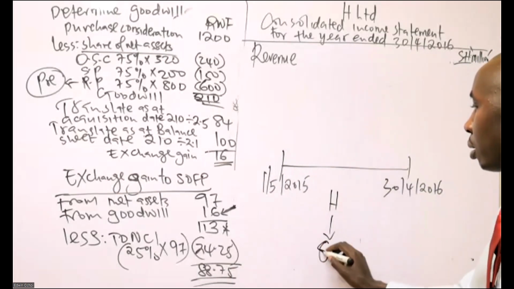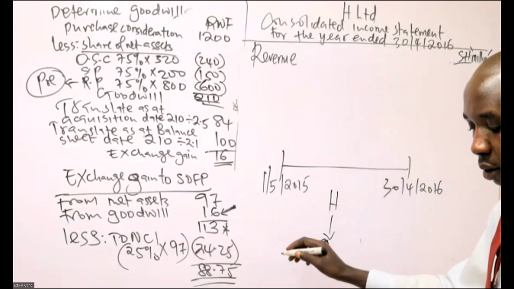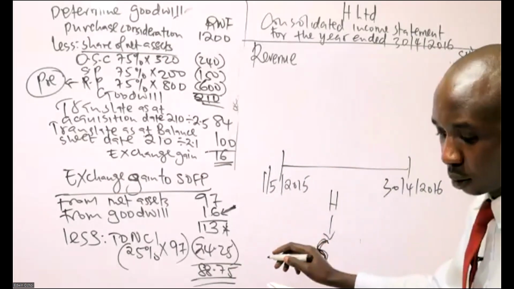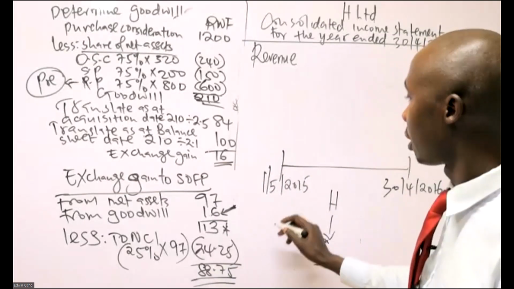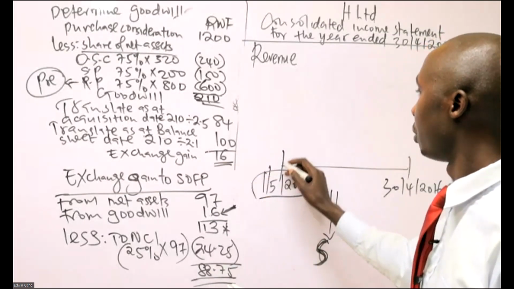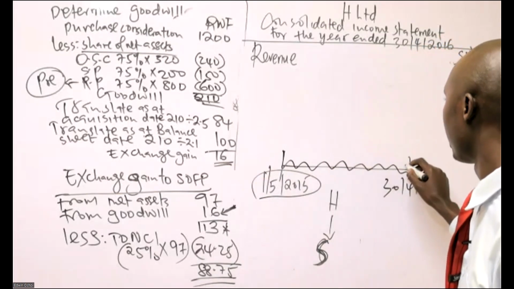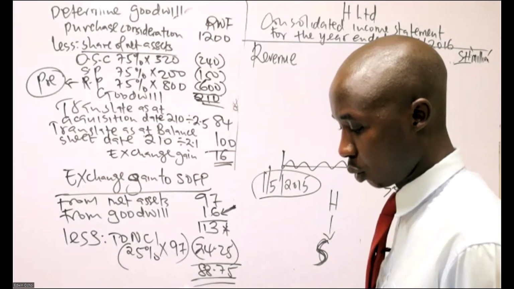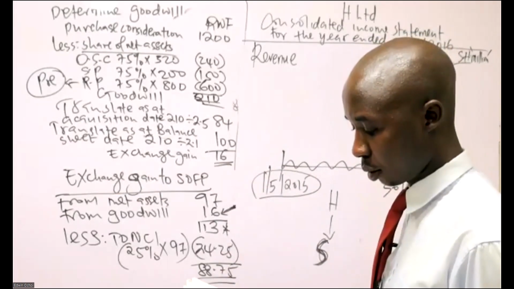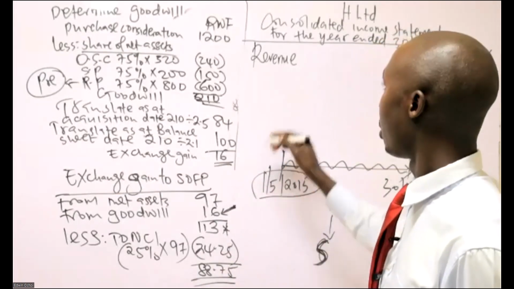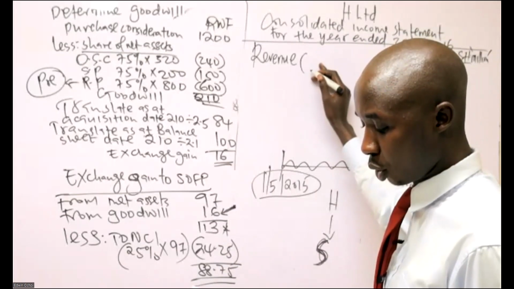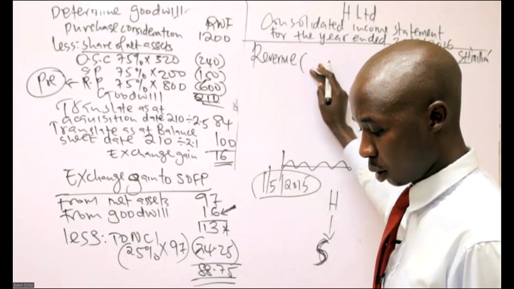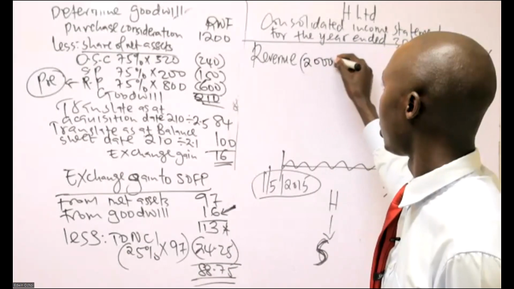S. On which date? At the start of the question, you are told H acquired S on 1st May 2015, meaning that this subsidiary was existing for the entire year. And so we will be adding the full amount for the subsidiary. We don't have to prorate. So this is 2,000 plus the translated.